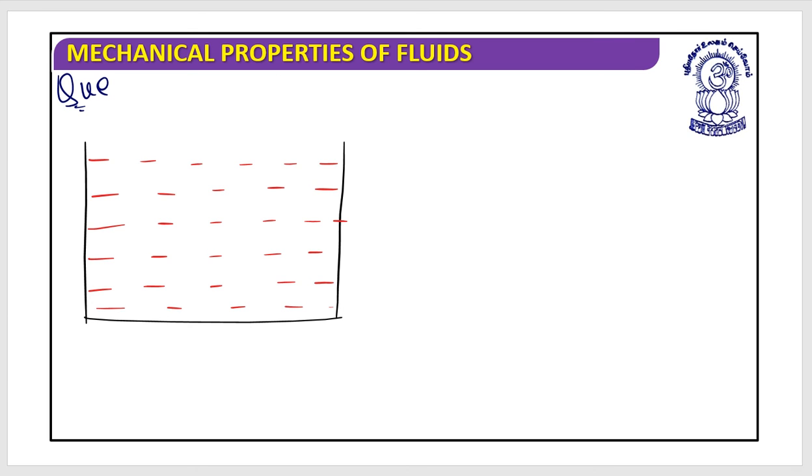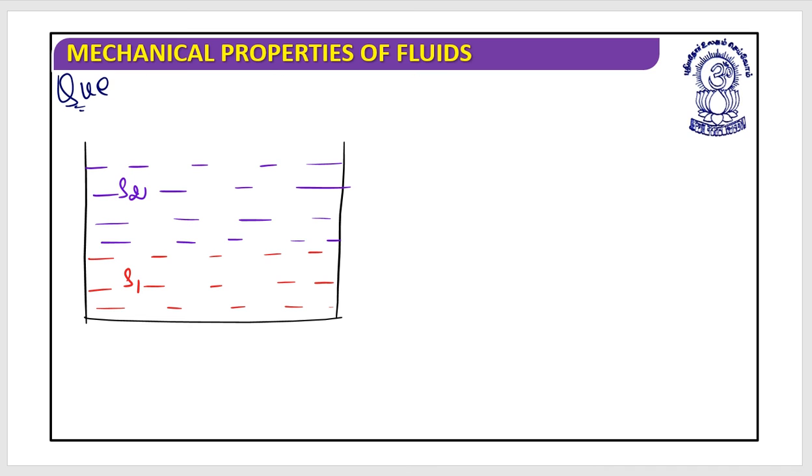But it is not the same liquid on both sides. Let me show it with different colors so that you may get it. It is something like this. Yes, it is filled with two liquids having different density which cannot mix with each other. So this is density 1 and this is density 2.